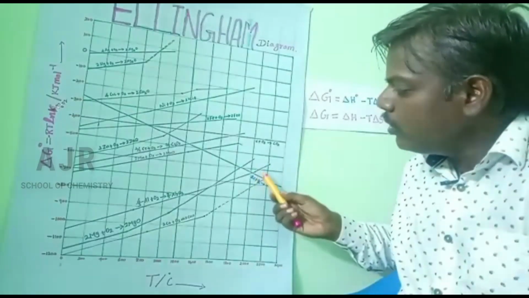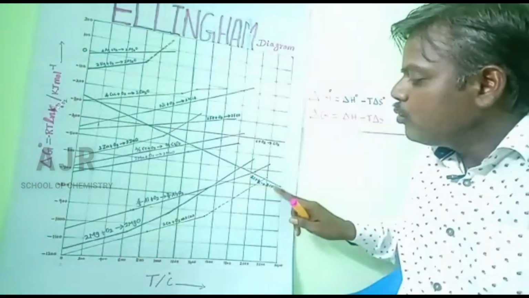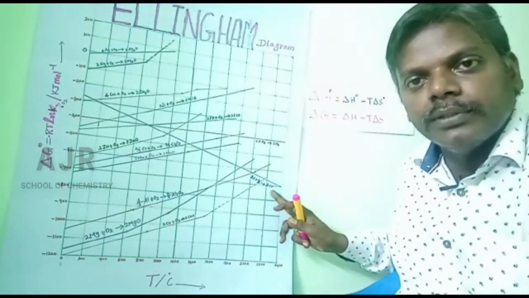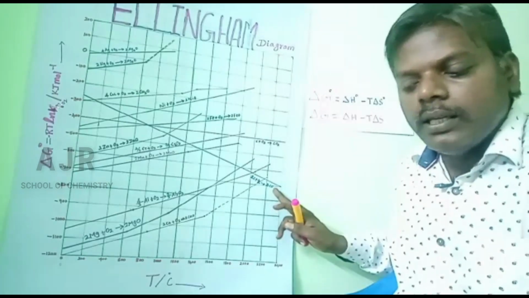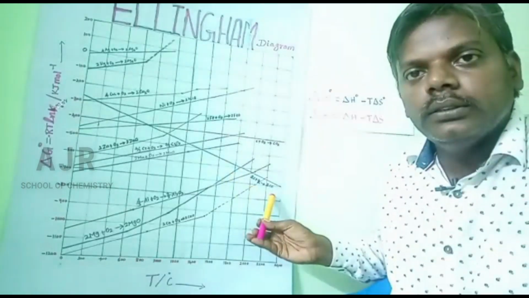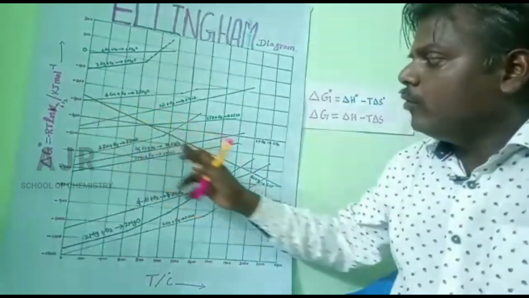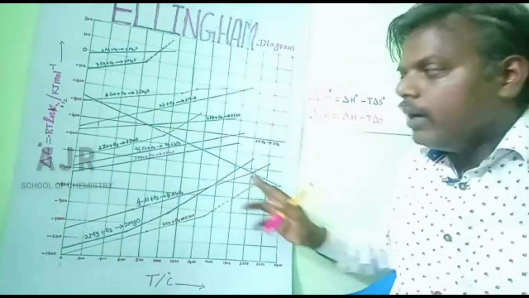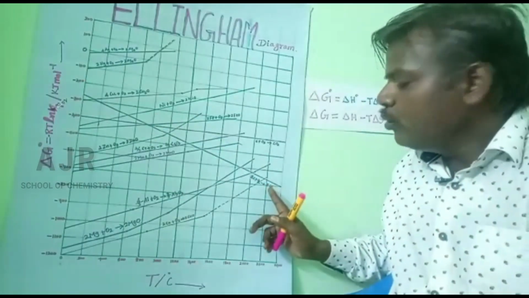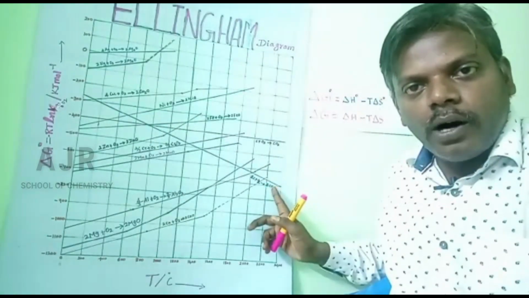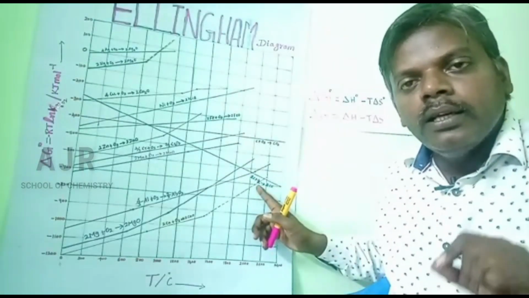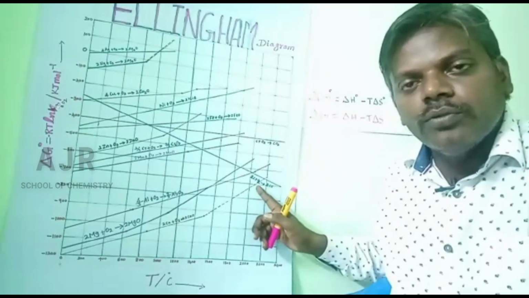By consumption of only 1 mole of oxygen, 2 moles of carbon monoxide are formed, and thereby the delta S value becomes positive.